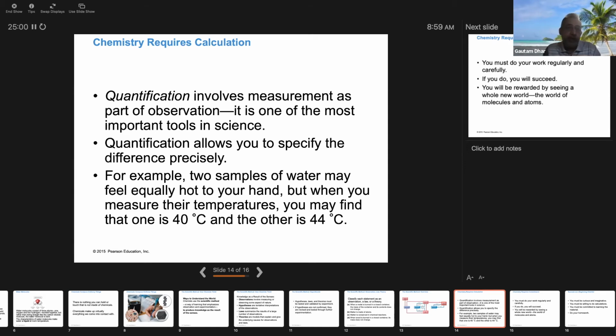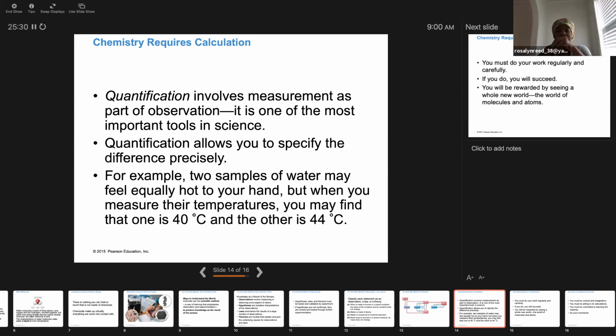We can feel hot or cold. But if you touch something and tell me, oh, this is 41 degrees centigrade and that one's 43, I'll laugh at you, right? We know why we are laughing, but we cannot explain why. We are laughing because we know that you cannot be that accurate. We cannot be that precise with the hand.